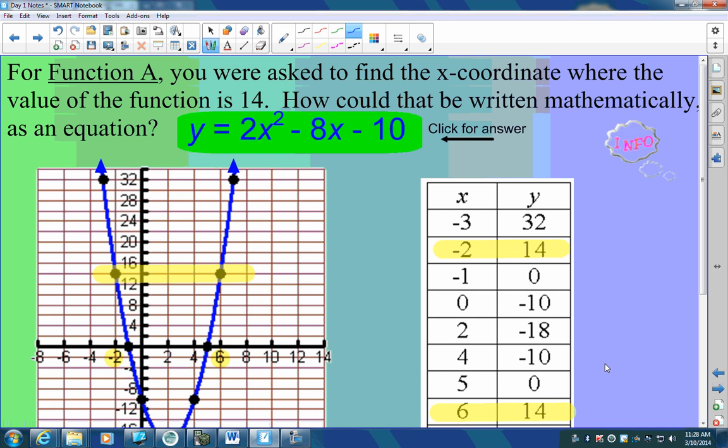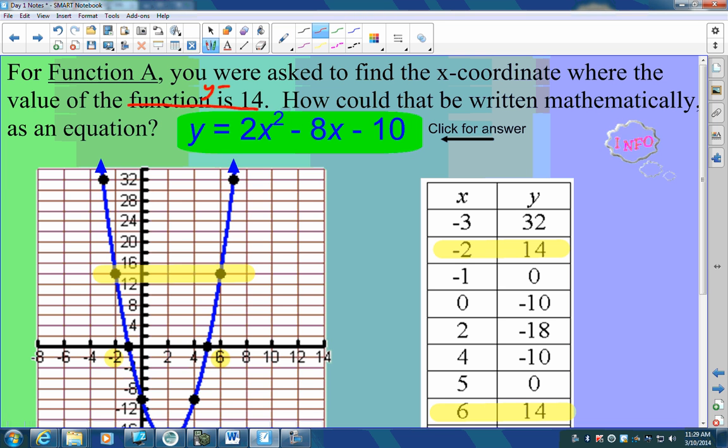Now, look at the back. On the back, it says for problems 21 through 23, refer to function A. It says on 21, you are asked to find the x-coordinate where the value of the function is 14. How could this be written mathematically as an equation? Okay? It says right here where the value of the function is 14.